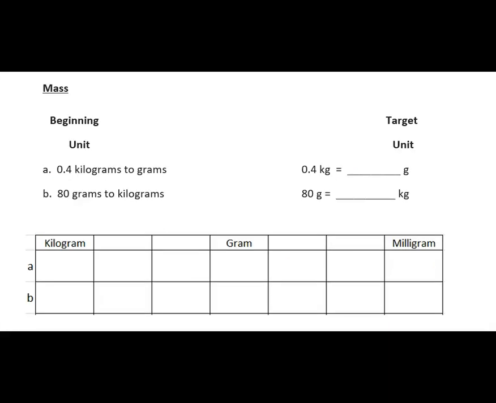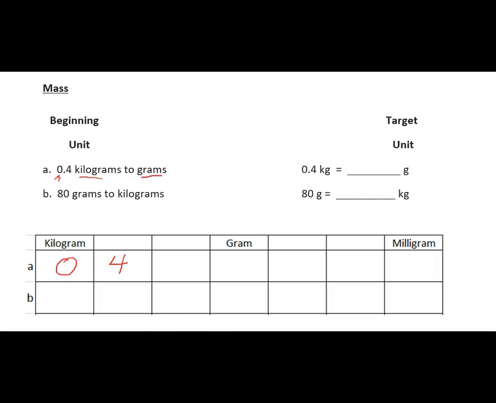In the last section, we're working with units for mass. Here we have kilograms, grams, and milligrams. Our first question says to convert 4/10 of a kilogram to grams. Again, we're going to start by placing our ones digit, which happens to be a 0, in the kilograms column. So we'll have a 0 here and then a 4 here, and at this point we'll just ignore the decimal point.